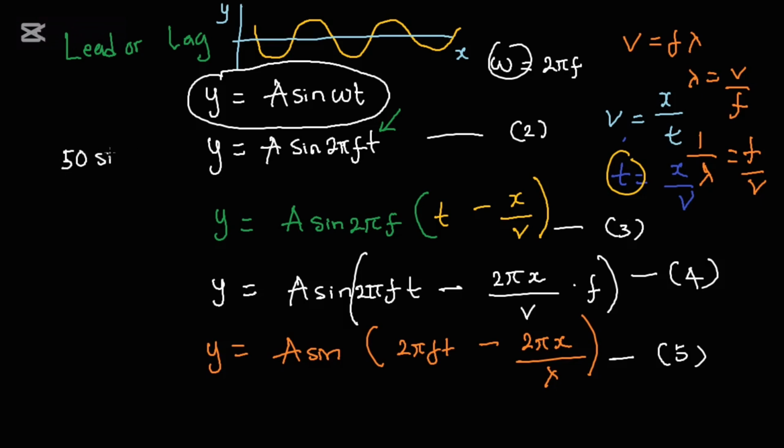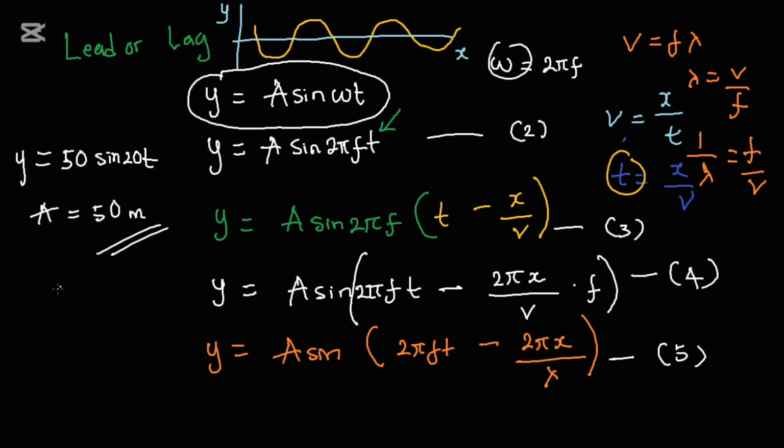Let's say y = 50 sin(20t), let me just use a random figure, and they say you should find the parameters. Obviously A is the amplitude, so our amplitude is going to be 50 meters if they say y is in meters. Then they say you should find the frequency from this equation.